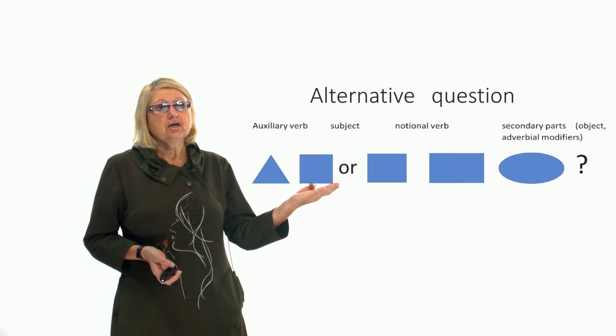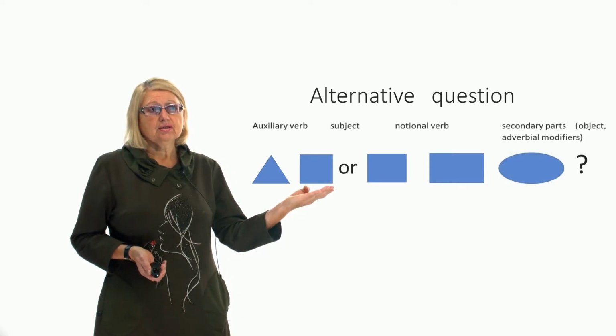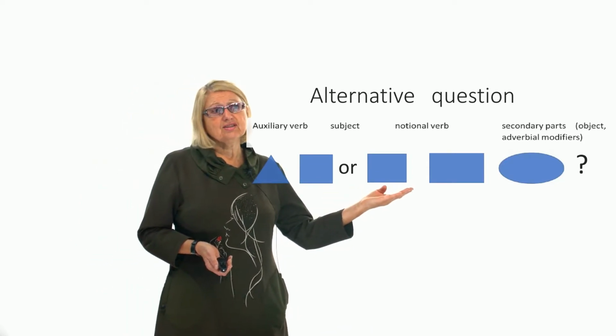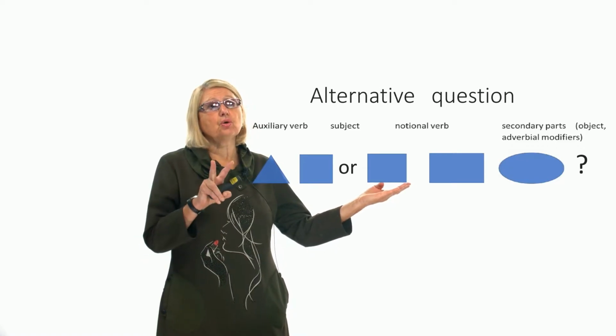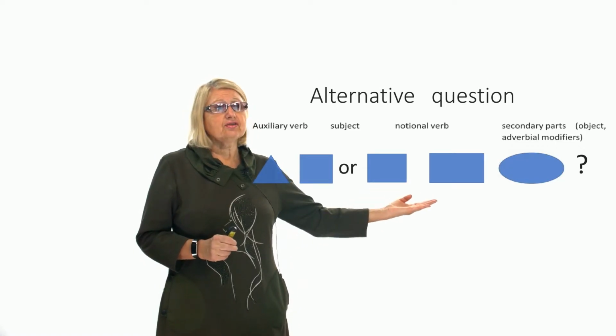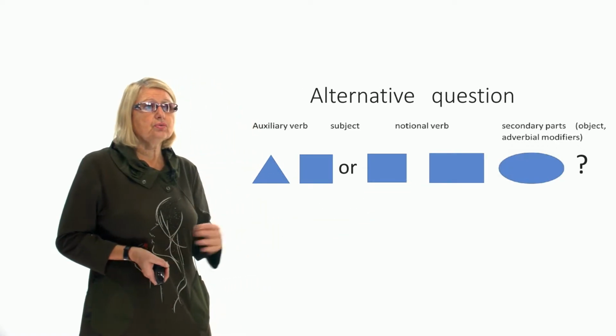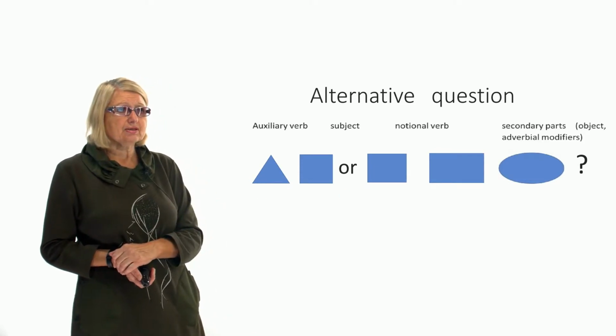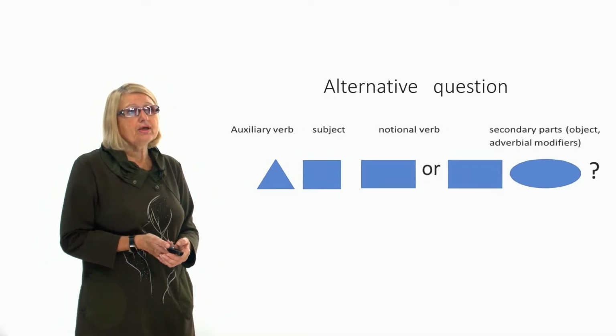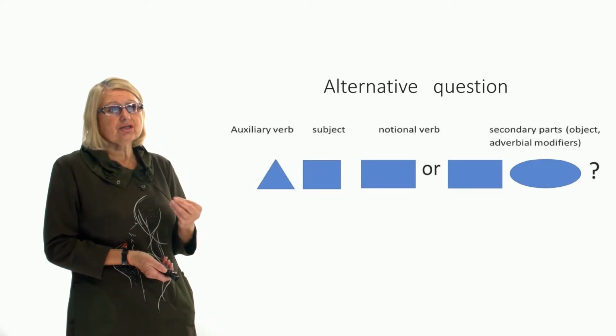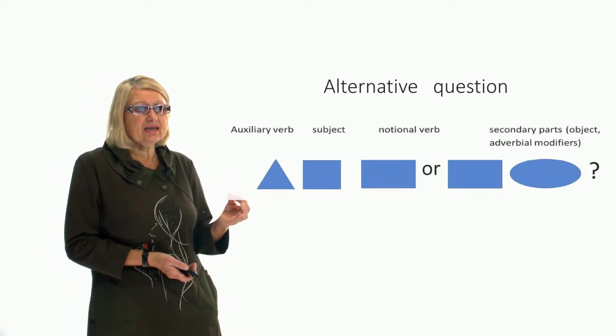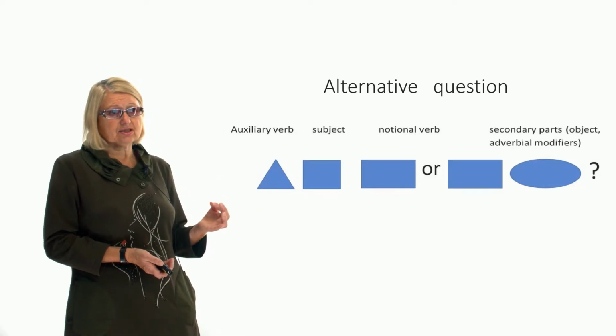You see, one subject and the second, the choice of subjects. Then goes a notional verb and then secondary parts. But we may put an alternative question to any part of the sentence.